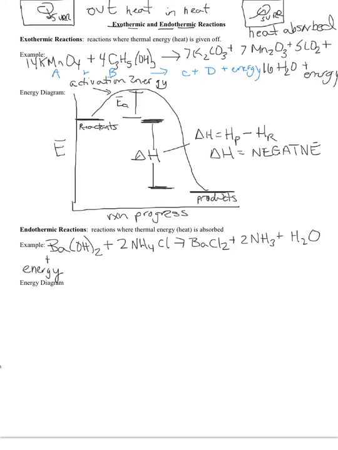So let's graph this and see what similarities we notice between exothermic and endothermic and what things are different. Just like before, you're going to label your x and y axes, exactly the same. We've got energy on the y and reaction progress on the x.